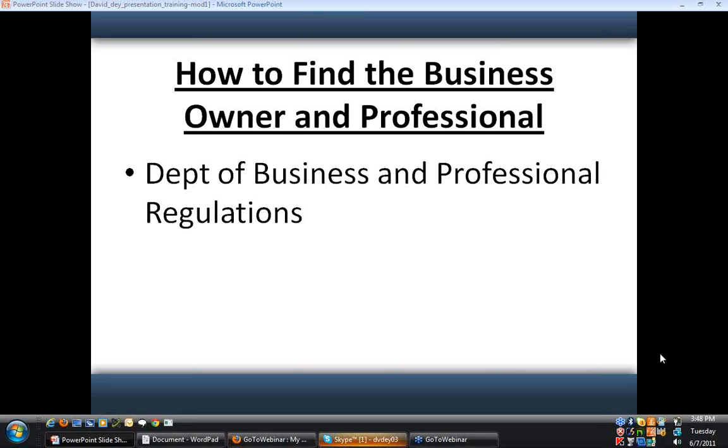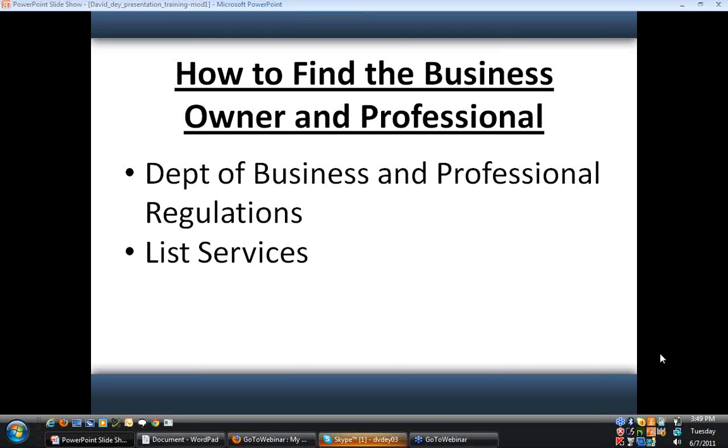All of these people have associations. And what most people don't know is you don't have to be a member. You don't have to have the license to become a sponsor for one of these associations. And as a result, you'll have access to that list and that database. But the Department of Business and Professional Regulation is a phenomenal area to get your list of licensed professionals.